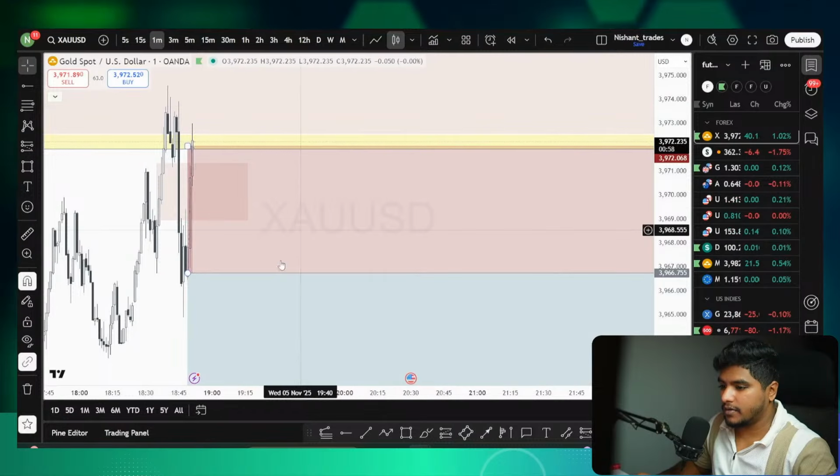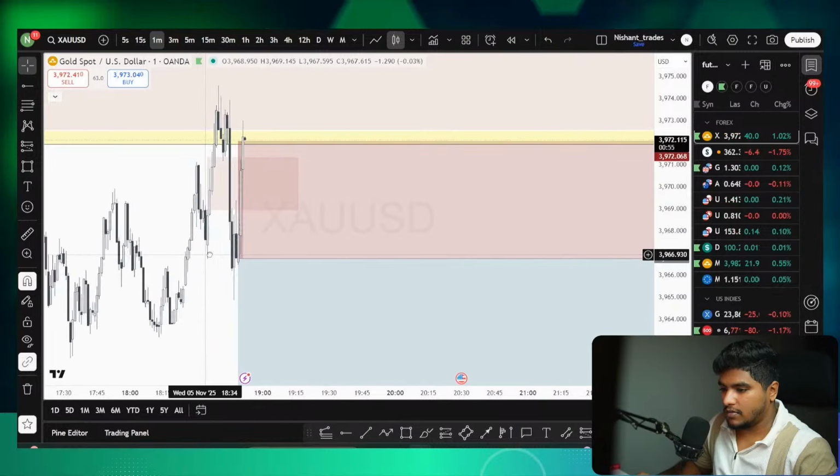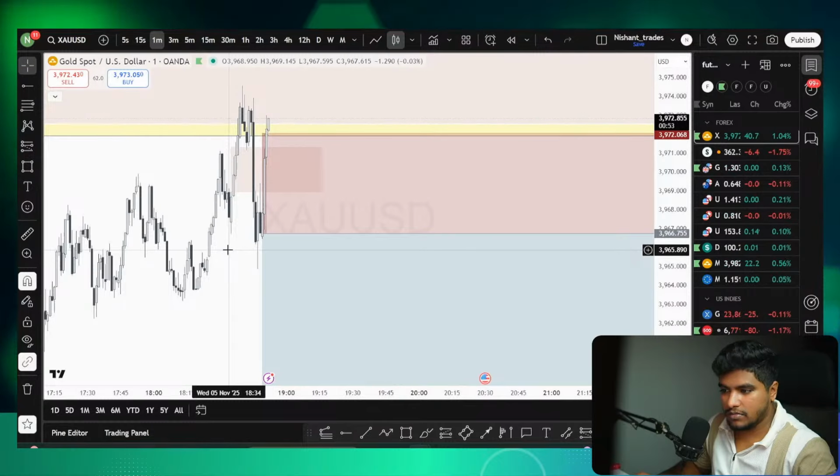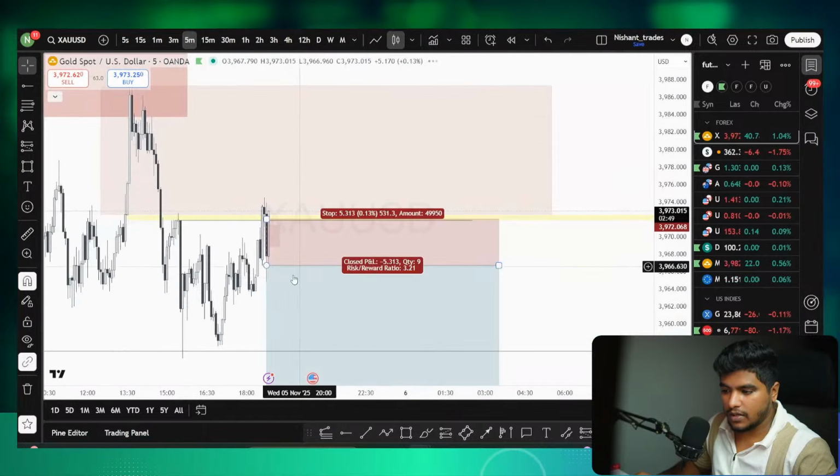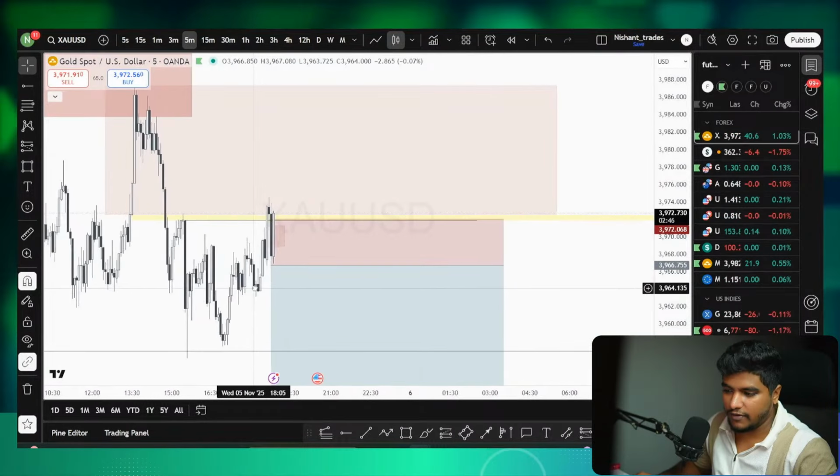Supply area. Still holding. Yeah, it will fail.